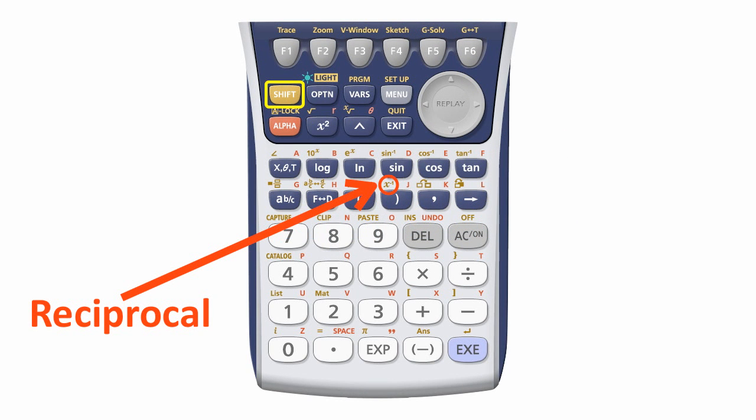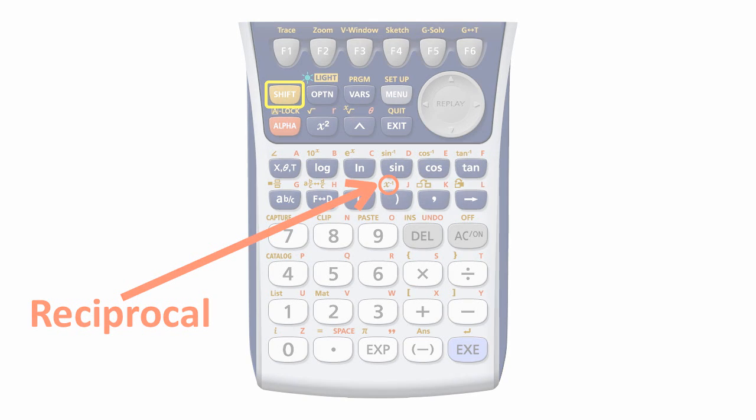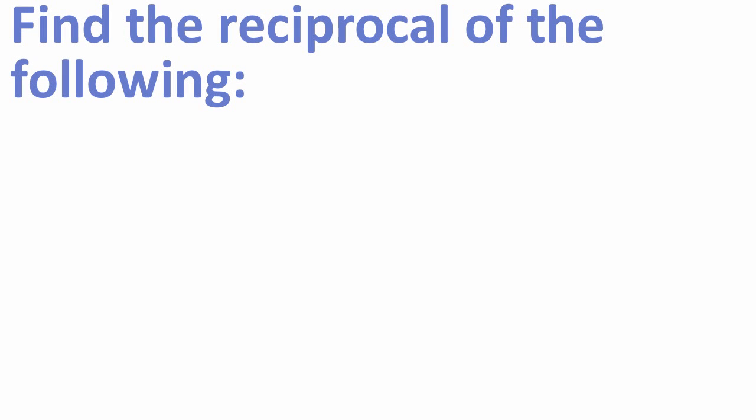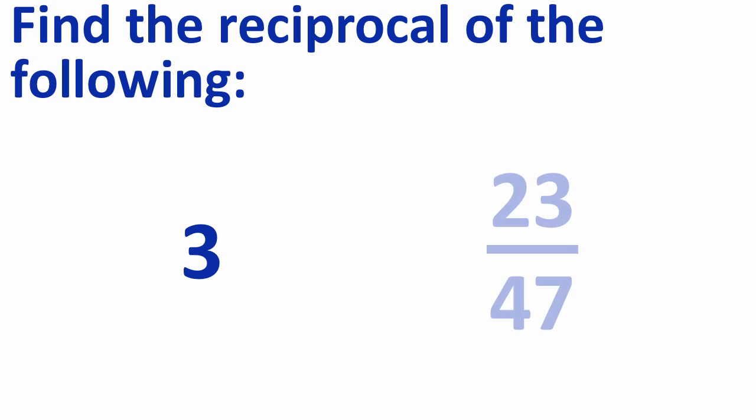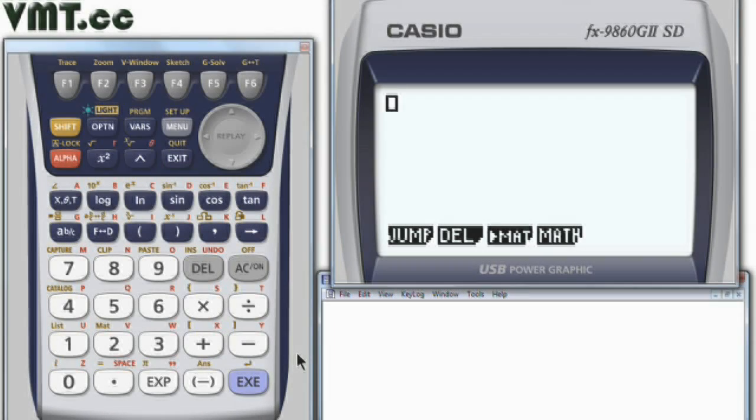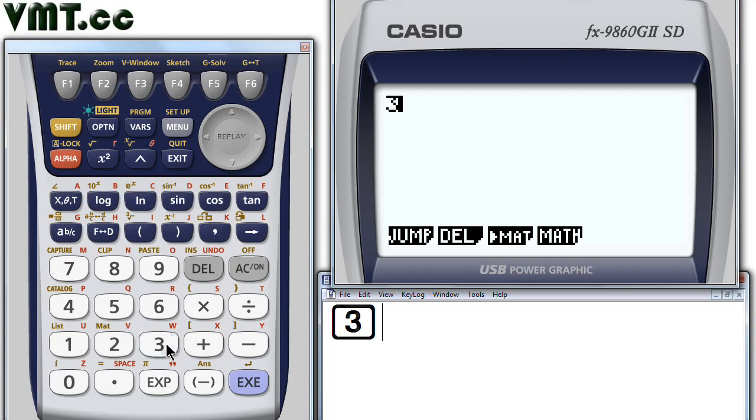Use this function if you want to find the reciprocal or to raise a value to the negative first power. Press the number 3, then Shift, and the right parenthesis or close parenthesis key.